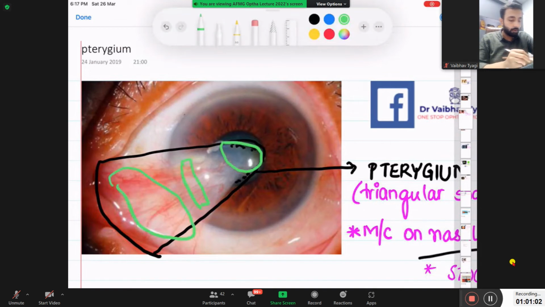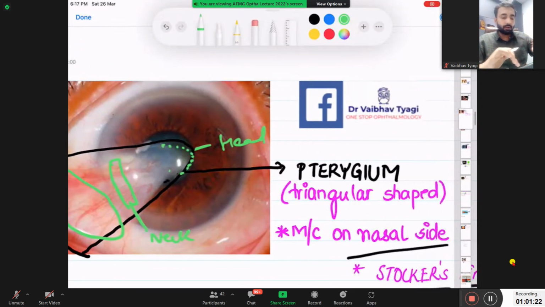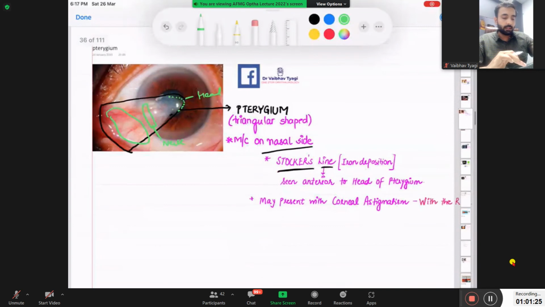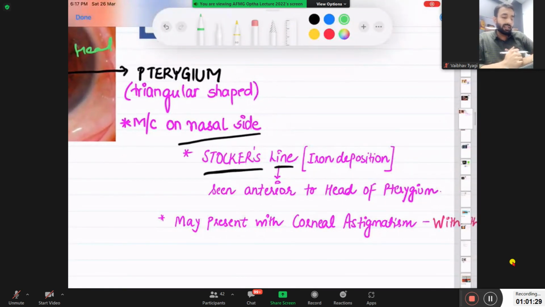So what is the location of Stocker's line? It is anterior to the head of the pterygium. Remember, Stocker's line is a line seen anterior to the head of the pterygium, with iron deposition.